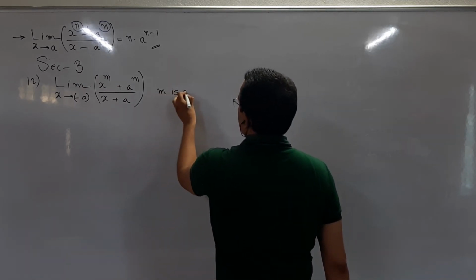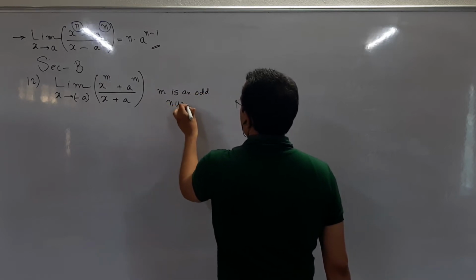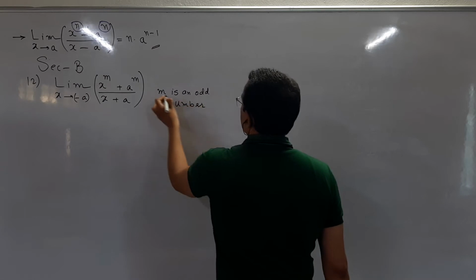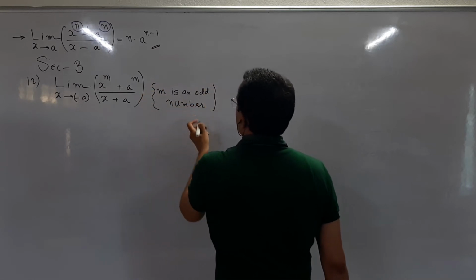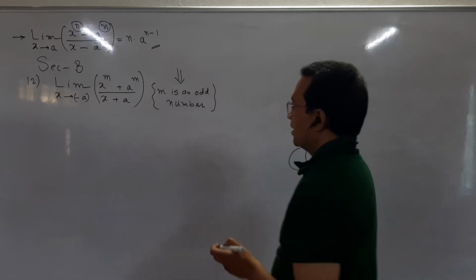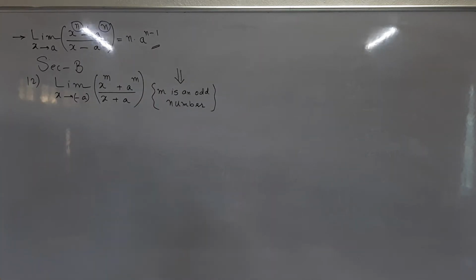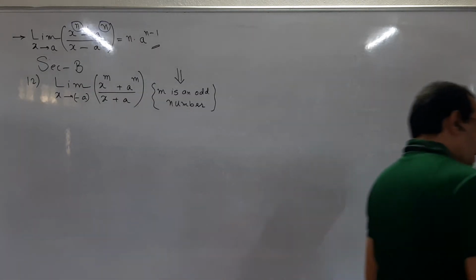This is the main instruction. This is the heart of the sum. Students, n is an odd number.